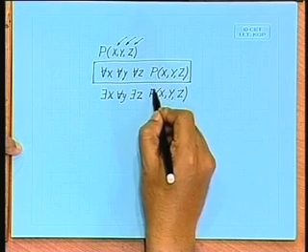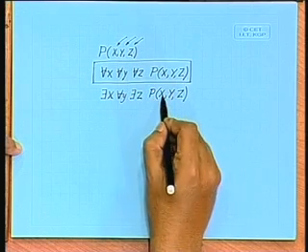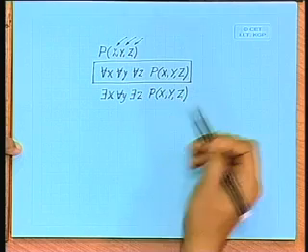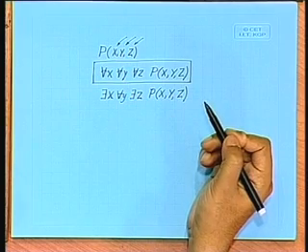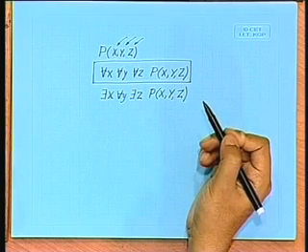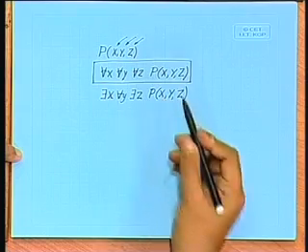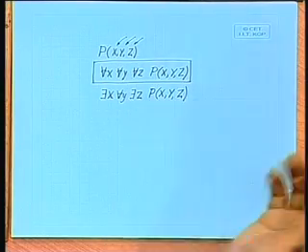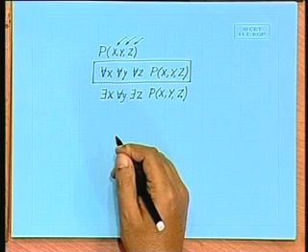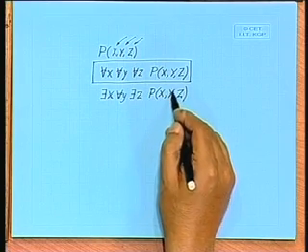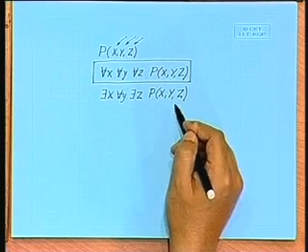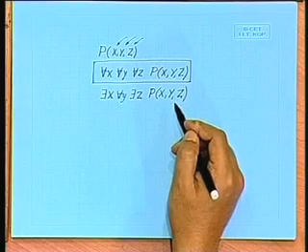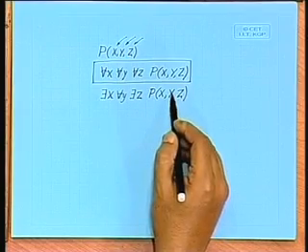P x y z has a truth value when x, y, and z are instantiated to some values, right. So, P of Tom, Dick, and Mary can have a truth value, right. But if you just leave them as person x, y, z without instantiating them to any value, then we cannot say whether that is true or not, right.